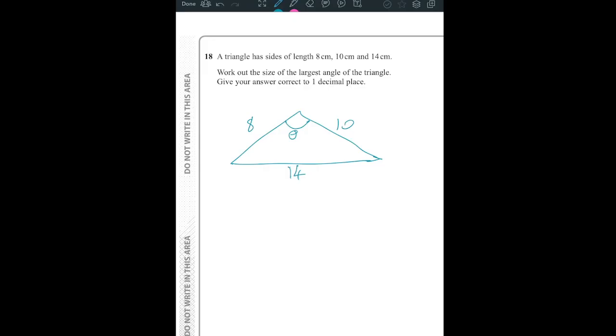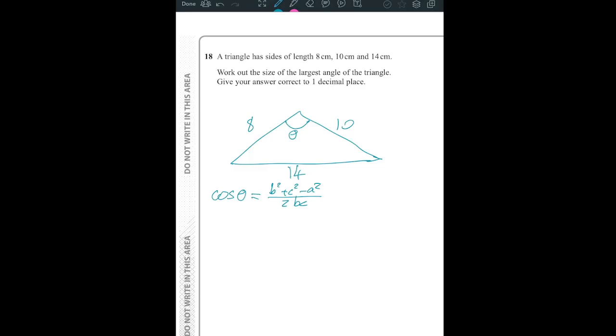And now again, because I've got the picture, it should be fairly clear that it's the cosine rule that I should be using. So the cosine rule states a squared. Now let's quote it the right way around. B squared plus c squared minus a squared all over 2bc.